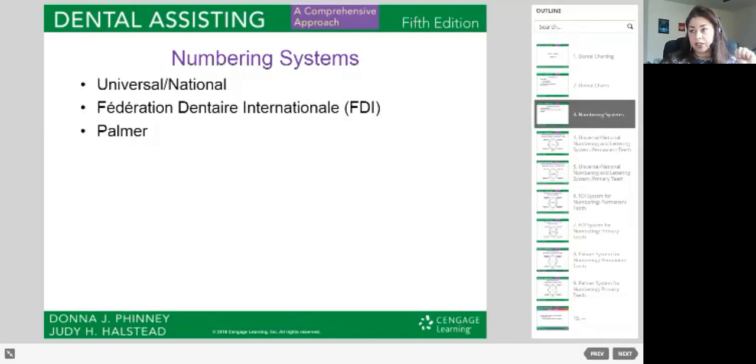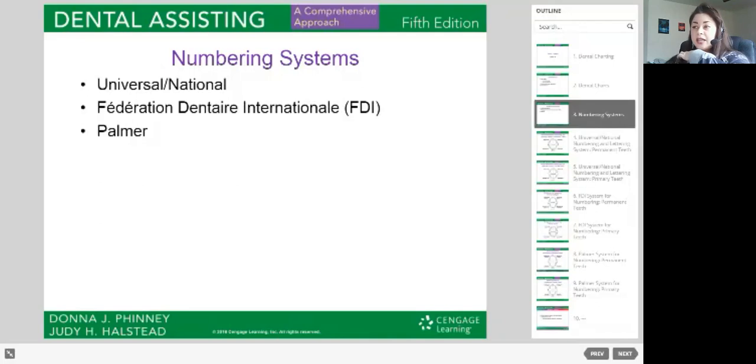All right, the Fédération Dentaire Internationale numbering system. It was designated a long time ago. We don't really use this, but it can be easily used if needed, but it's more overseas. I find the numbers very confusing personally, but it's widely used in Canada and Europe.